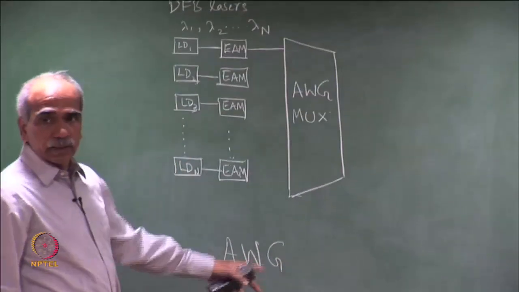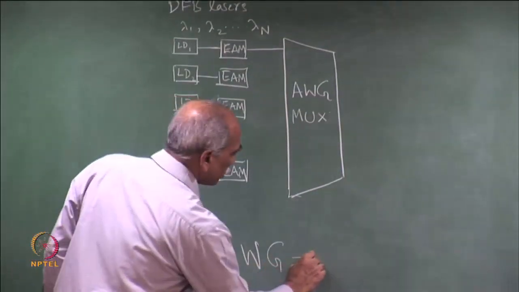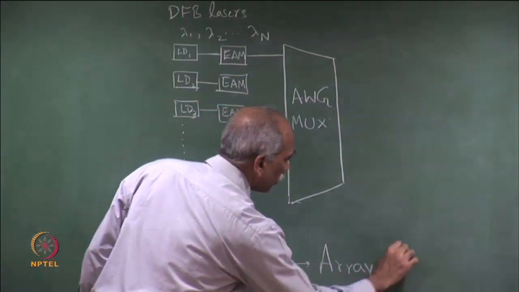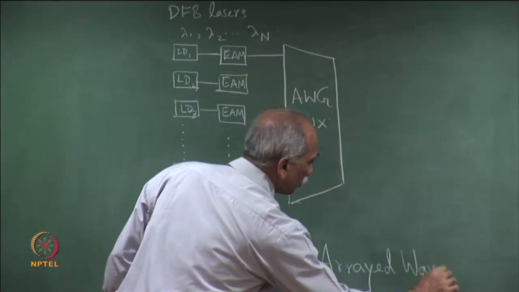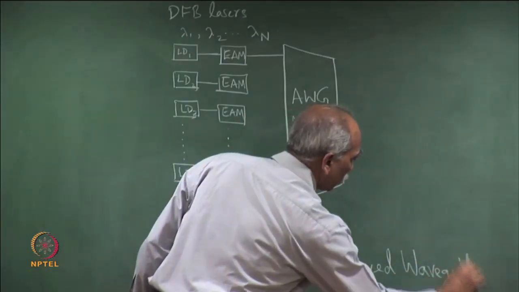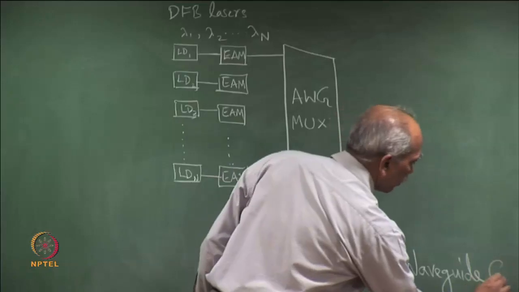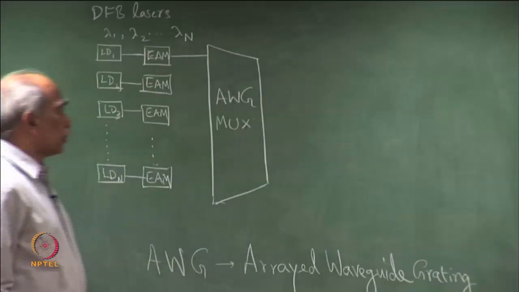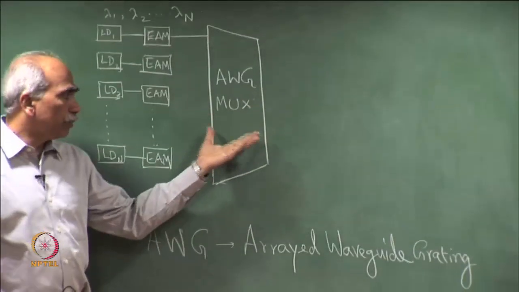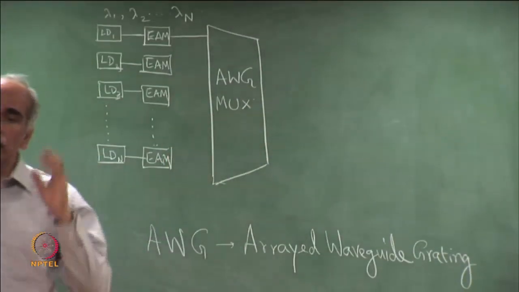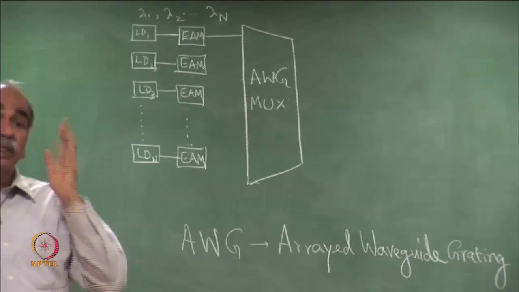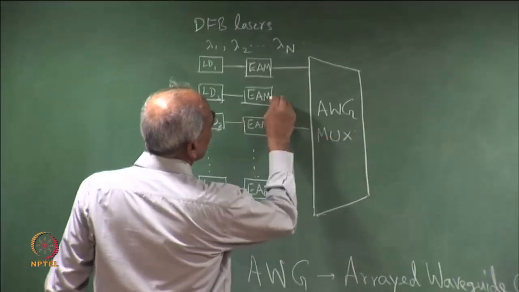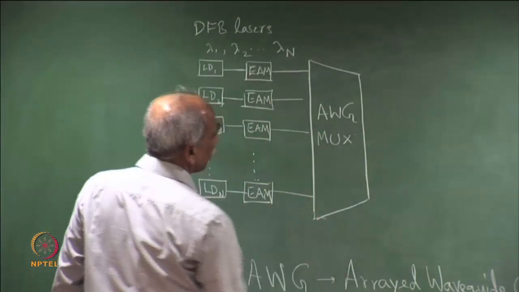Let me briefly discuss this AWG, arrayed waveguide grating. These are now almost one of the fundamental building blocks in WDM and DWDM PIC transmitters based on photonic integrated circuits. So, AWG here.